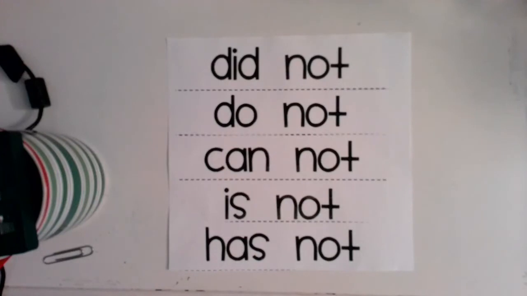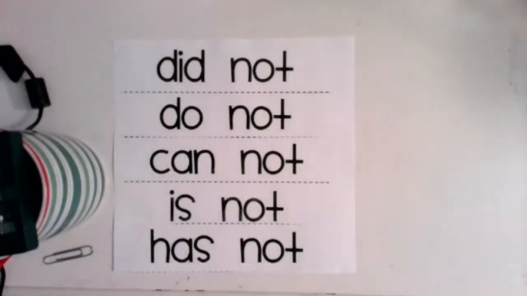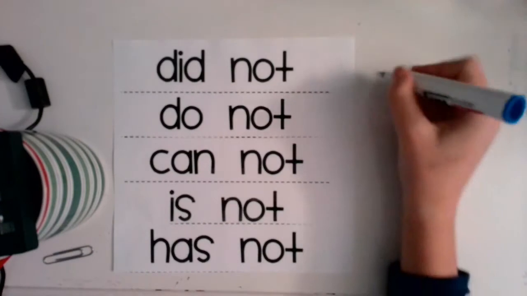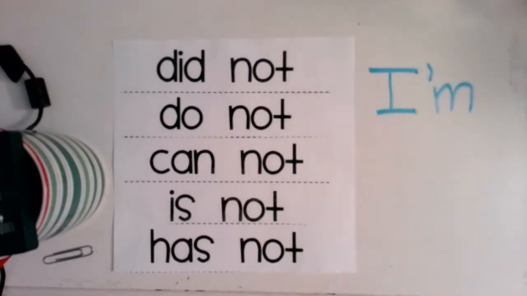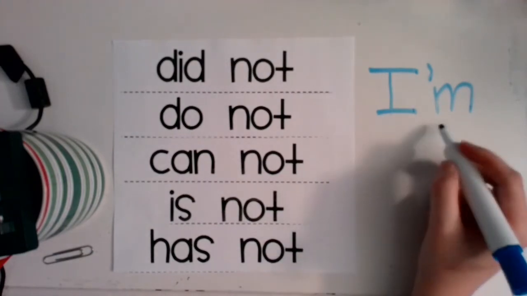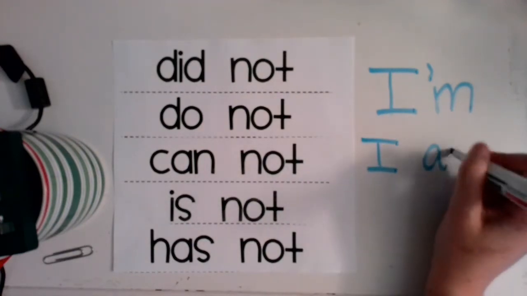A contraction is when you combine two words to make one word. For example, I'm. The contraction has an apostrophe. I'm is the same thing as saying I am.